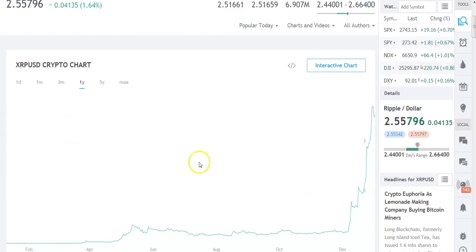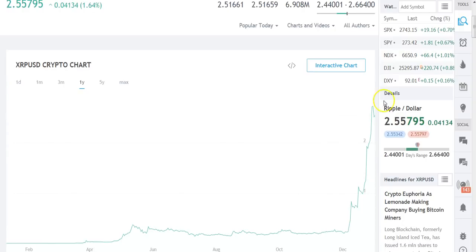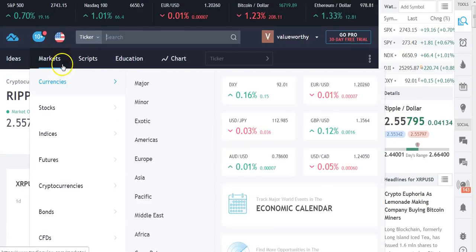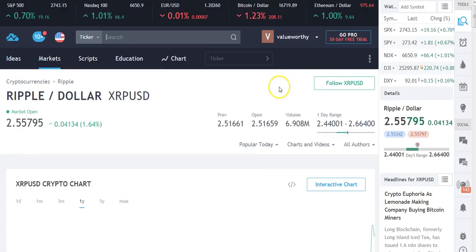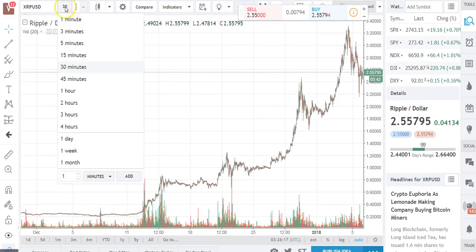So now, to get an understanding of what's going on over here, you go to the interactive chart. I think you go here. And if it's not set to 30 minutes, set it to 30 minutes, right?